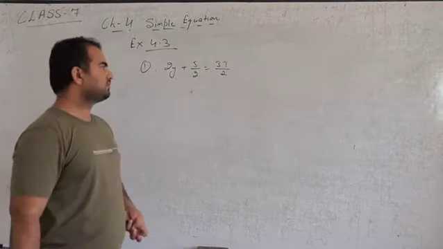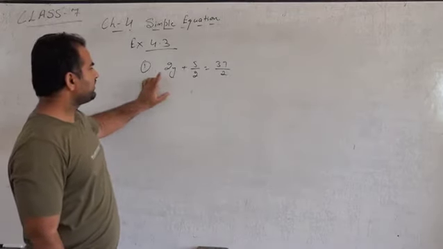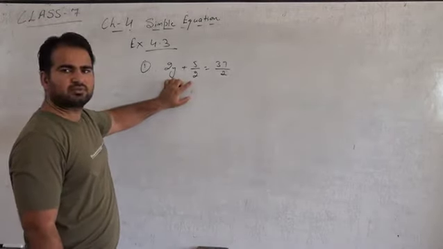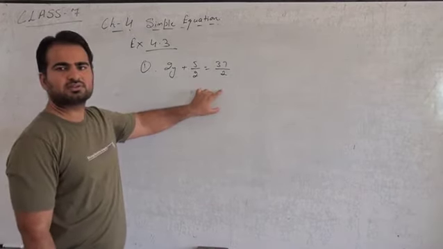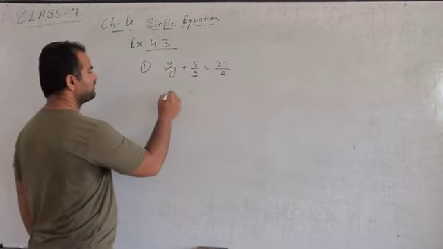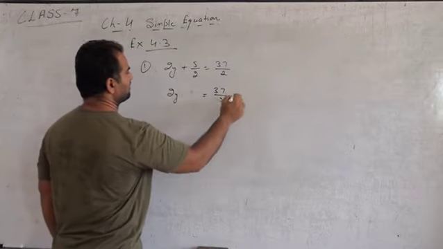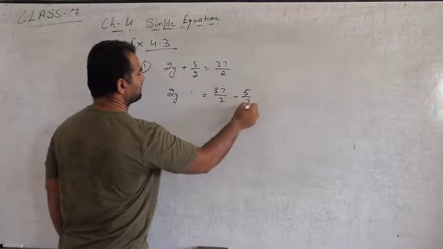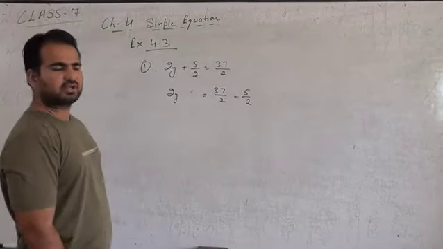Okay. So we know that first of all, if there is a term which doesn't have any variable, then we have to transfer it to the right hand side. So it will be 2y equals 37 by 2 minus 5 by 2. It was positive in nature, and when it is transposed it will be negative in nature.